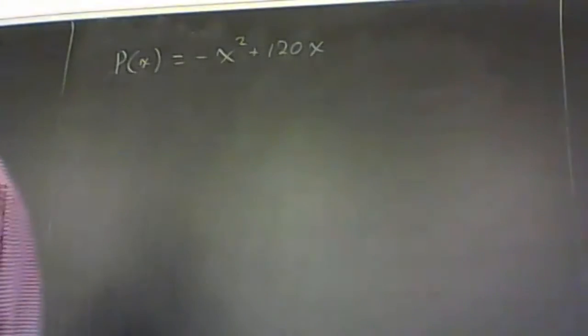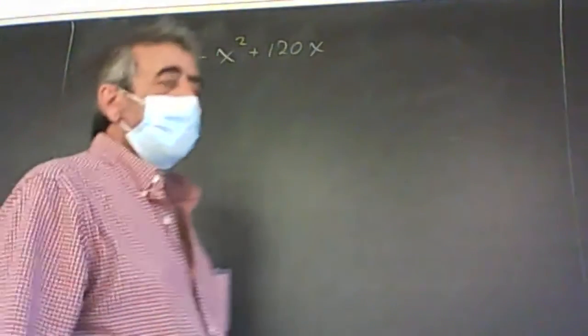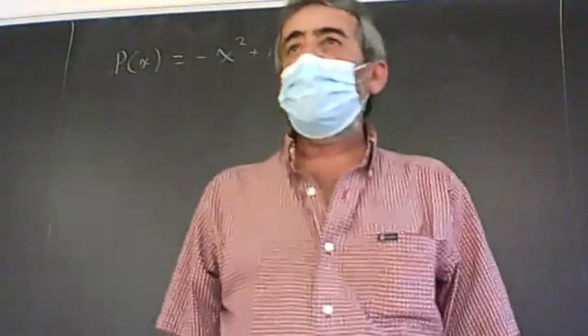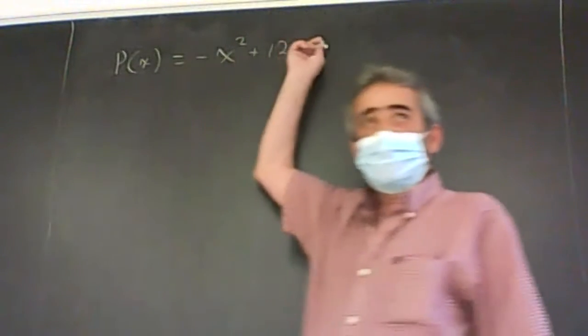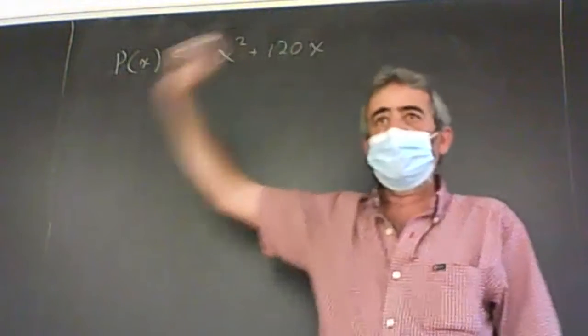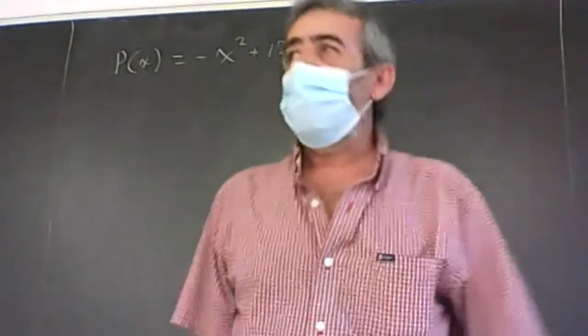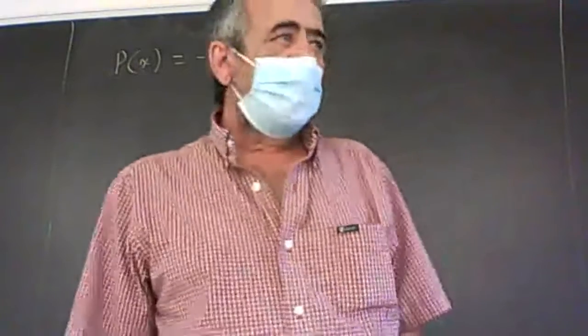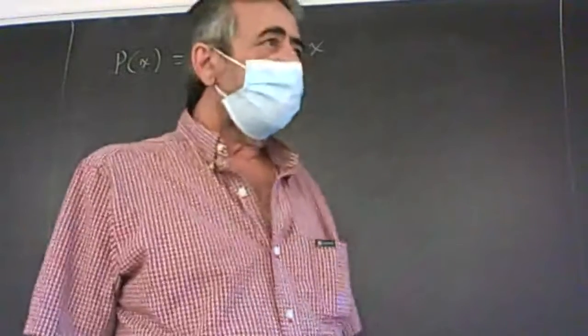So this lady hired a consultant to determine her profits in a business she's doing. And the consultant determined that the equation for her profit is represented by this particular parabola, where X is the number of cases of beer she sells, and then P of X would be how much money she's making selling those beers.